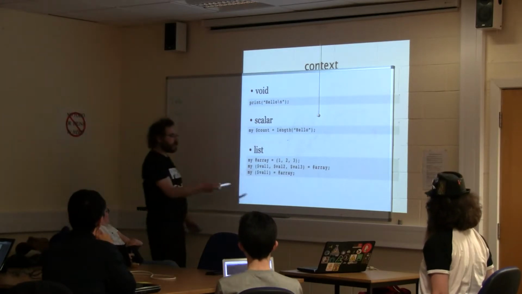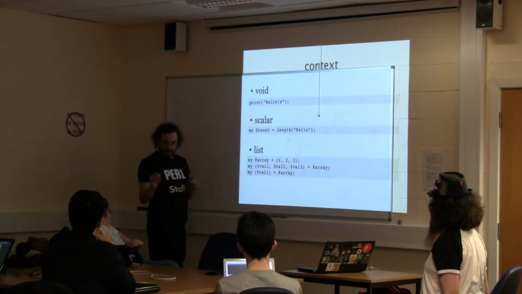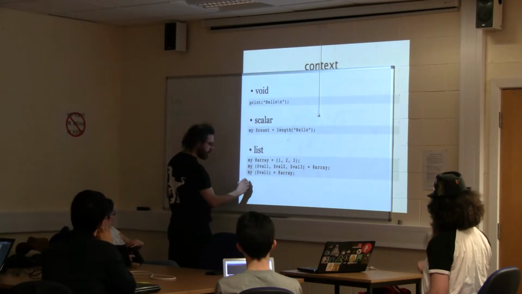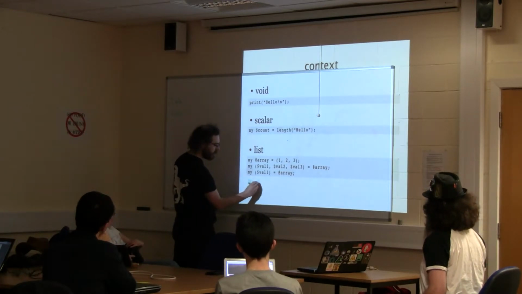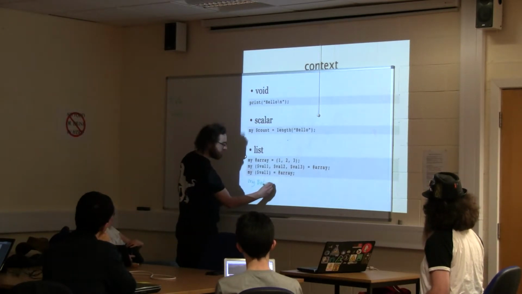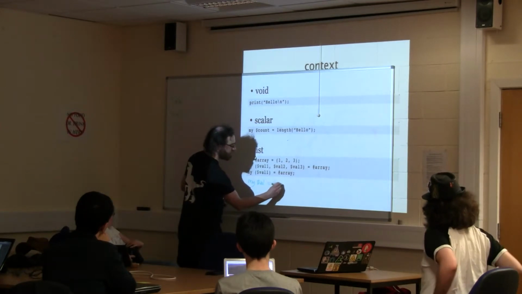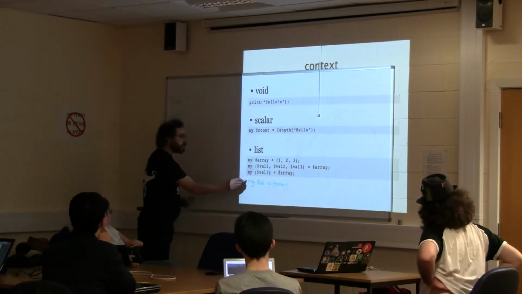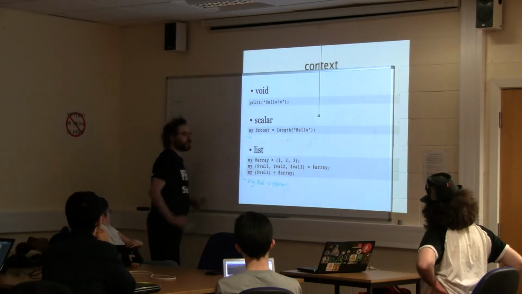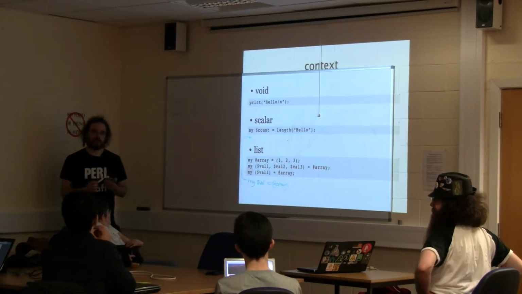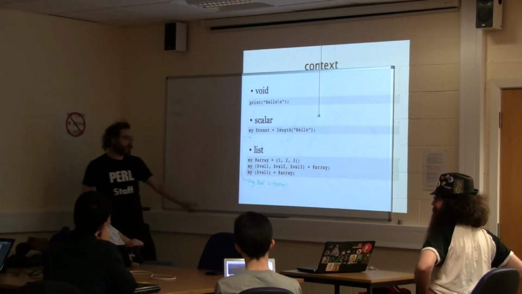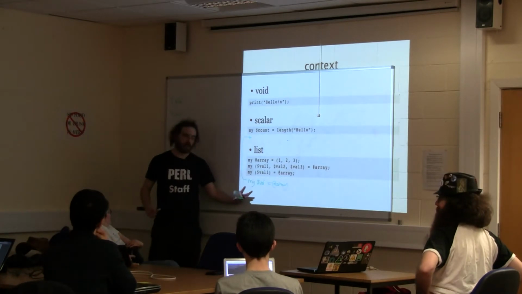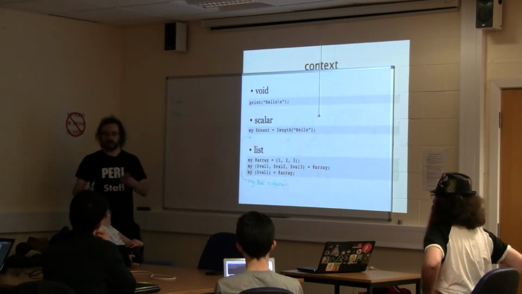Now we can also do, and this is confusing, why we're actually discussing this. So we can do my val equals array, and that is actually scalar context, because you're expecting a single value to be returned, and that will tell you how many elements are in the array, not the first element.